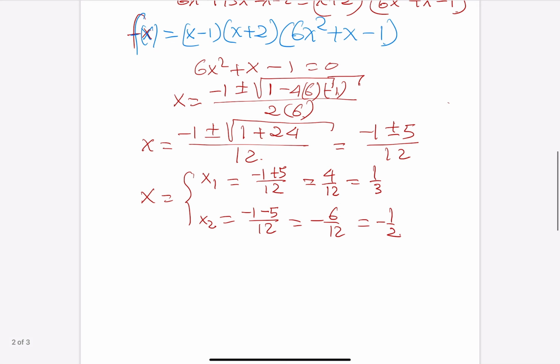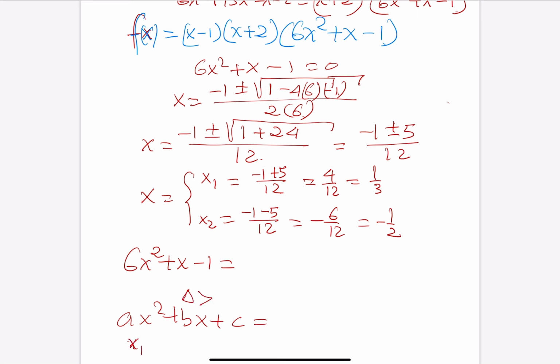Then you can write down 6x squared plus x minus 1 is equal to... be careful here. Anytime you have ax squared plus bx plus c, if delta is positive, then we have two solutions, x1 and x2.